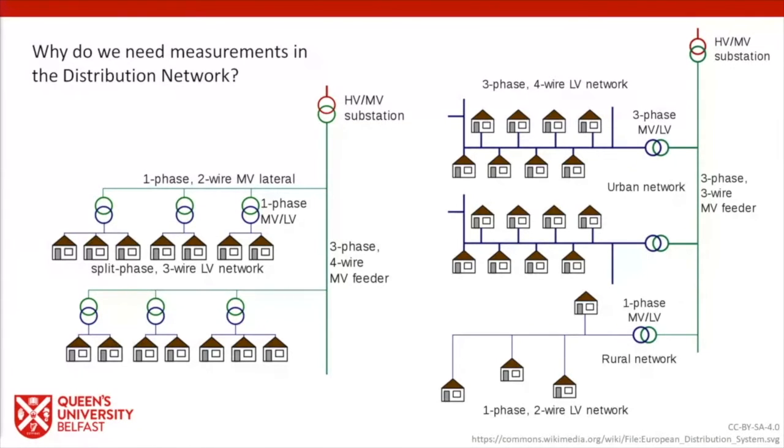On the left-hand side of the screen, we have an example of what's representative of a distribution network in North America, where the high voltage from the transmission network is stepped down to medium voltage, and that medium voltage is brought very close to the consumer premises, where it's then stepped down to supply voltage by a low voltage transformer adjacent to the property. You would often see a small number of houses, 2 or 3, or at most maybe 4 houses on a distribution transformer.